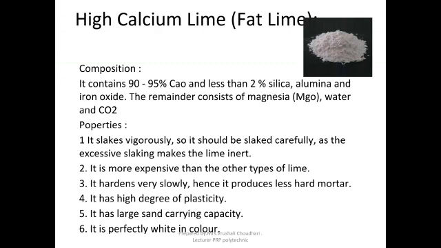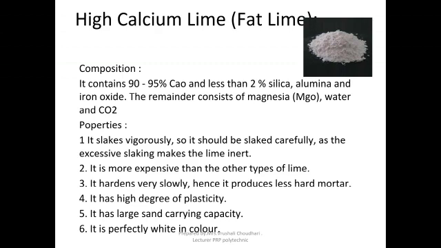Mostly it contains calcium oxide of about 90 to 95%. It slakes vigorously. It must be slaked carefully, as excessive slaking makes the lime inert. It is more expensive. Why? Because it contains a larger amount of calcium oxide.